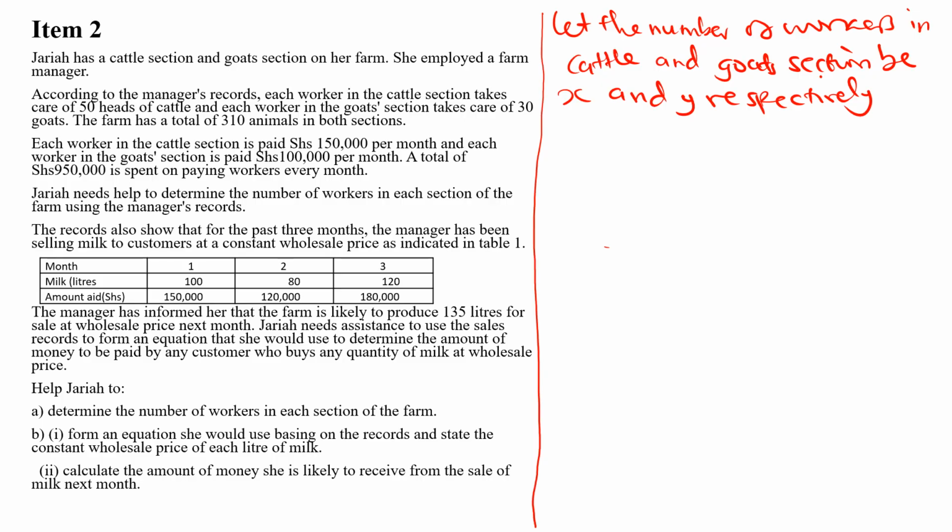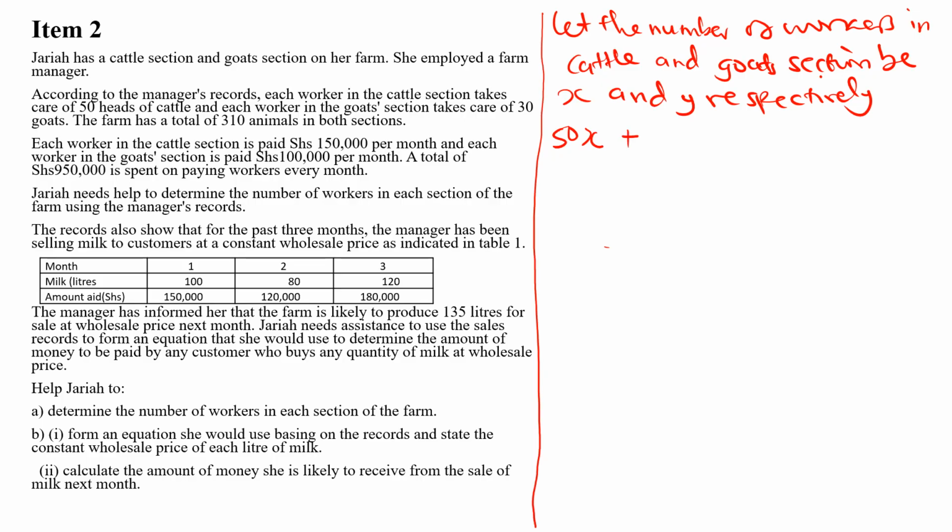50. So here we ask ourselves, if there are two workers, it means that those two workers will take care of 100 heads of cattle, because you get unit times quantity. So for this case, we say 50x is the number of cattle taken care of by X workers.